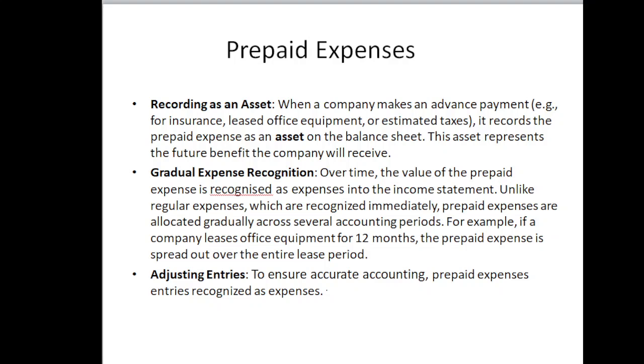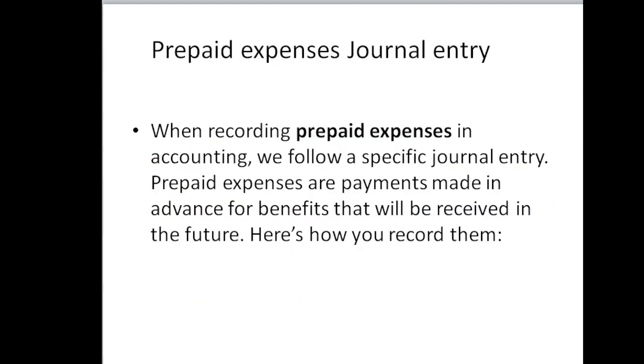For example, if a company leases office equipment for 12 months, the prepaid expense is spread out over the entire lease period. Adjustment entry. To ensure accurate accounting, prepaid expenses entries are recognized as expenses.